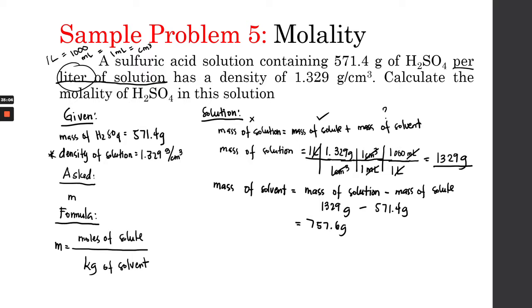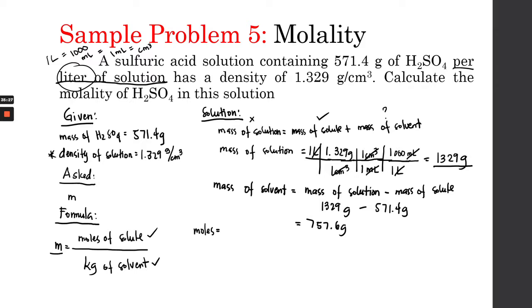What we need is to solve for the molality. We now have the mass of our solvent. What we need is the moles of our solute. Moles of solute, remember, is the grams of your substance divided by its molecular mass.